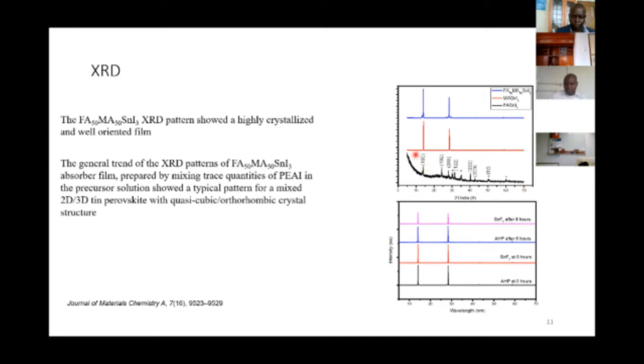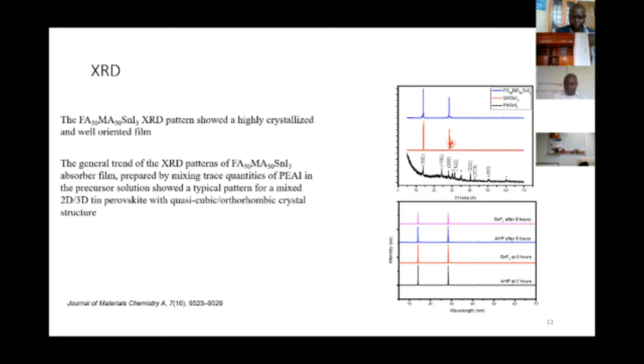Now, if you go to MA tin iodide, the crystallinity is very good. And one other thing is that it has just one orientation, like we have 100, 200, meaning this one here is just oriented parallel to the substrate.